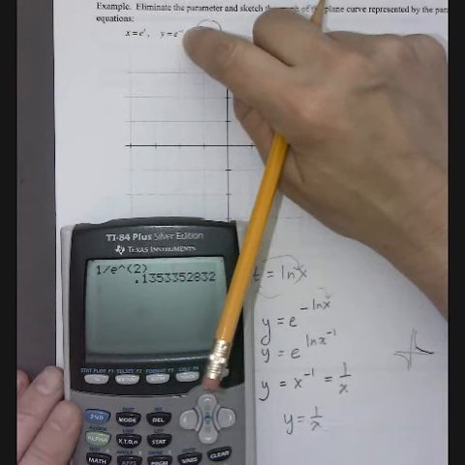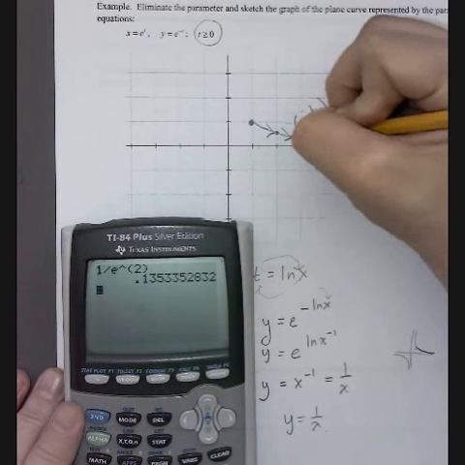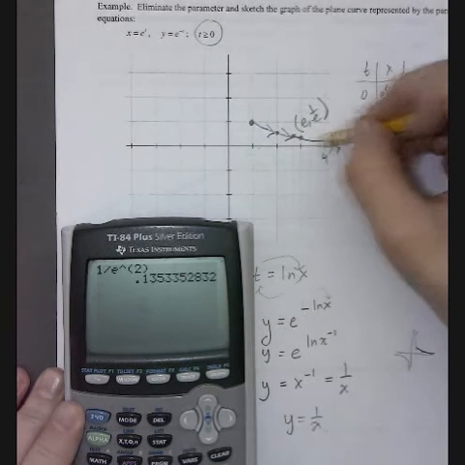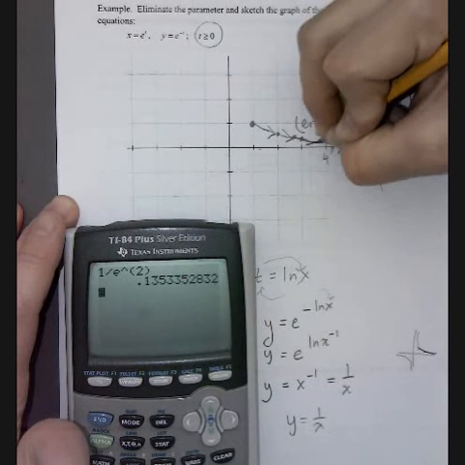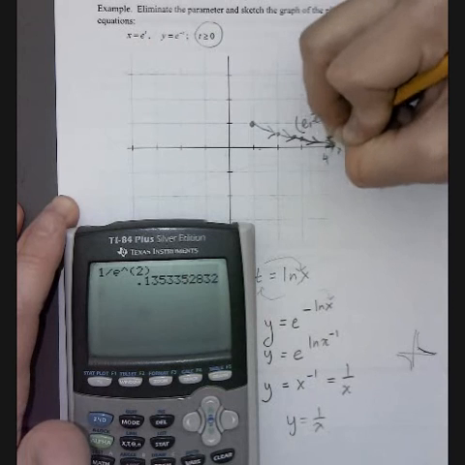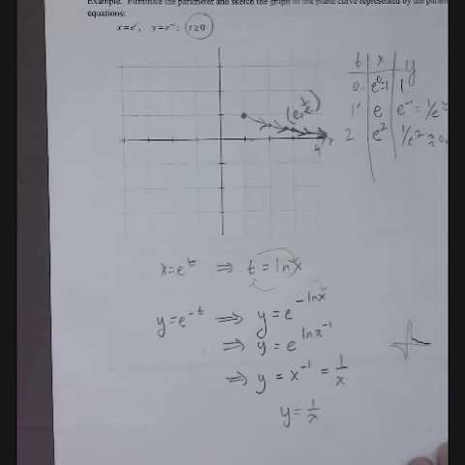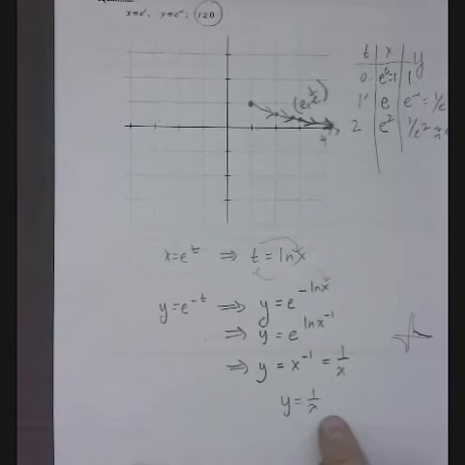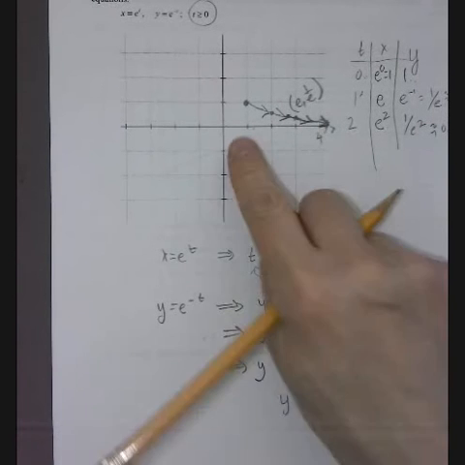So the orientation of the curve is like so, and this doesn't come back up. It just keeps approaching the x-axis. So to be complete here, y is not just 1 over x, it's only 1 over x for x bigger than or equal to 1.